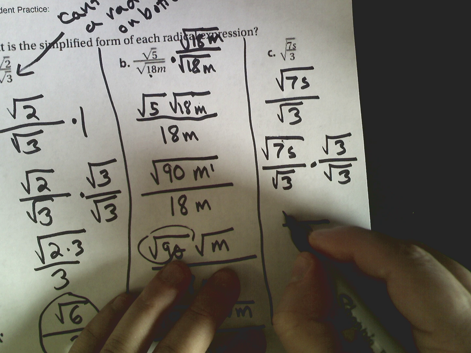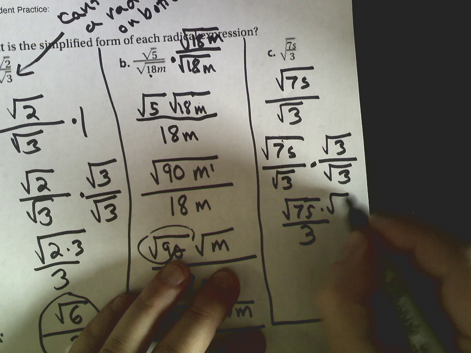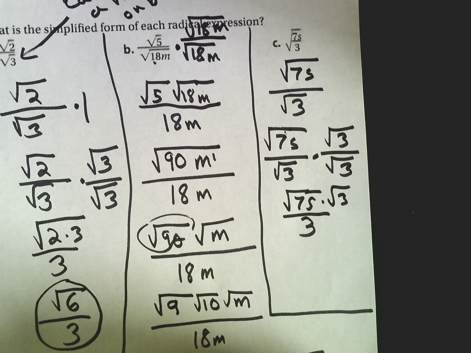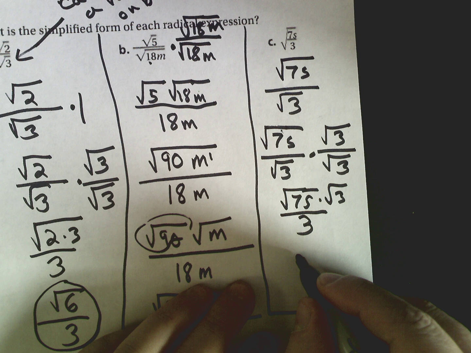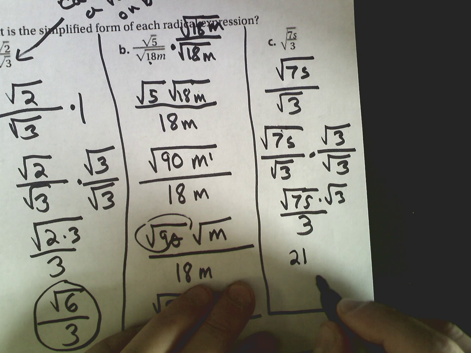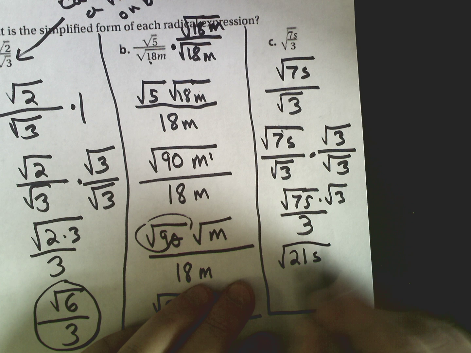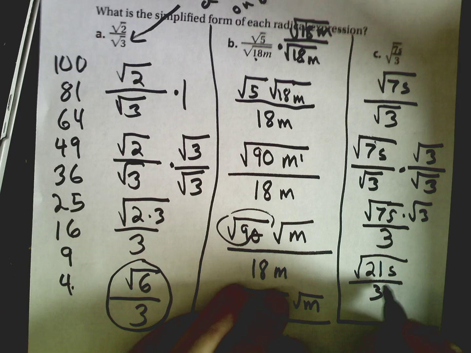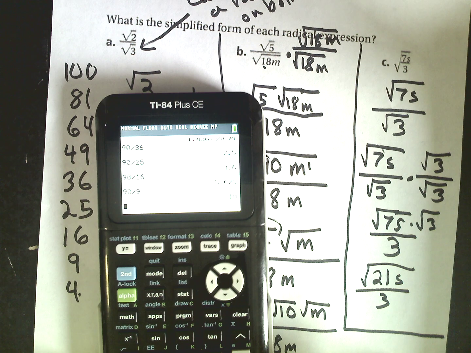On top, now I have square root of 7s times the square root of 3, which I can put together. Square root of 3 times square root of 7s is square root of 21s, over 3. Now I can check real quick: could I reduce 21?